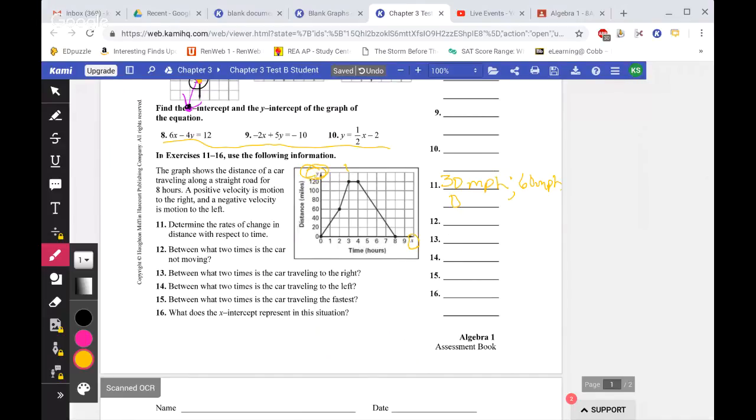So for slope, or rate of change, which is what we're doing, slope is a rate of change, you're looking at the change in y over the change in x. So what is the coordinate for that dot that I just circled? What are the coordinates for that?